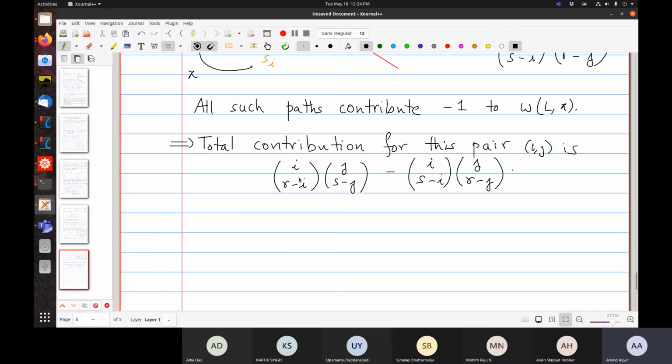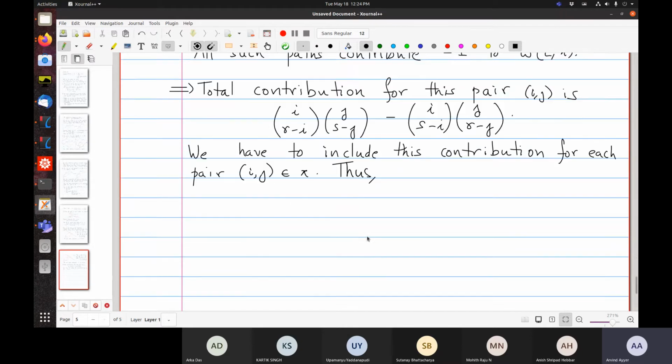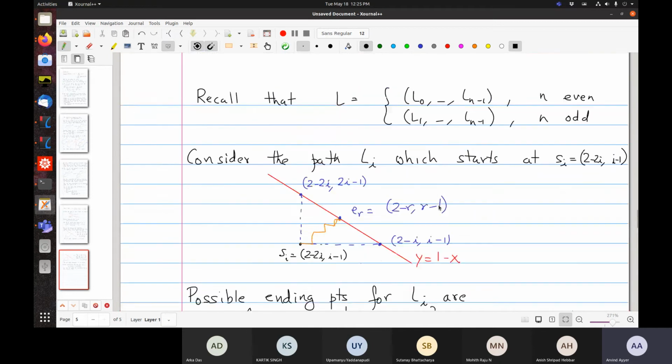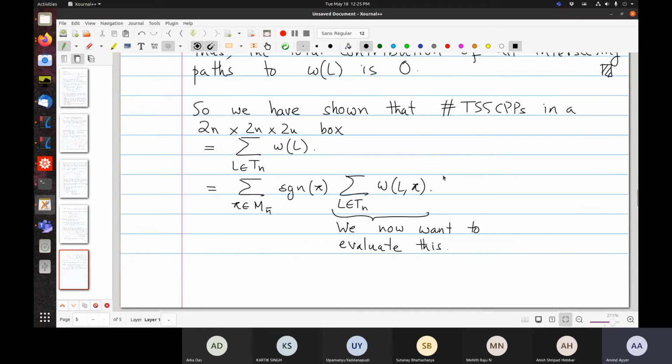Okay, but we have to do this now for each pair. So we have to include this contribution for each pair ij and pi, and so our desired sum, which is what we wanted to evaluate, remember, this fellow.